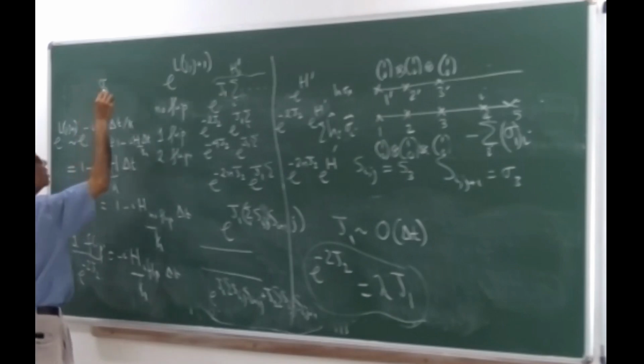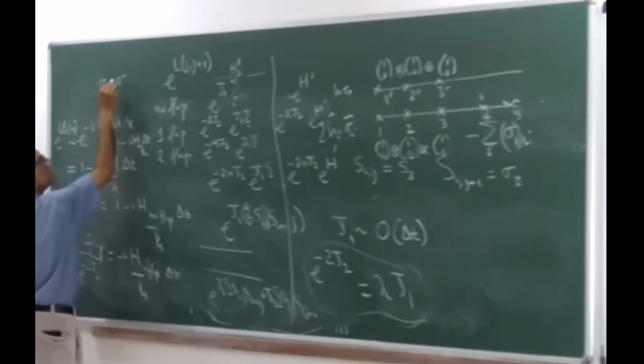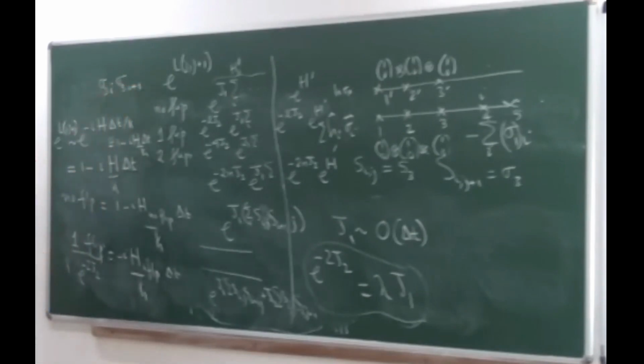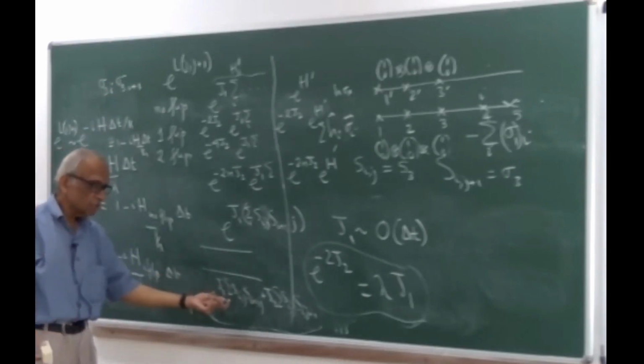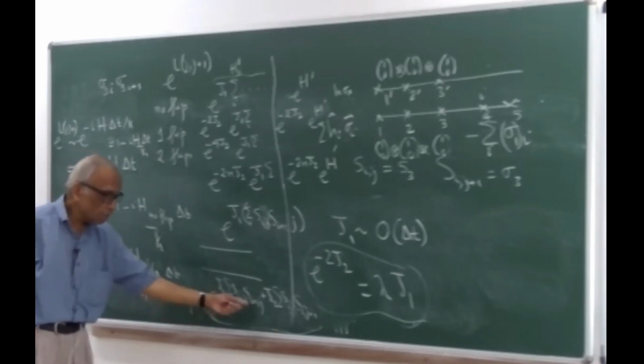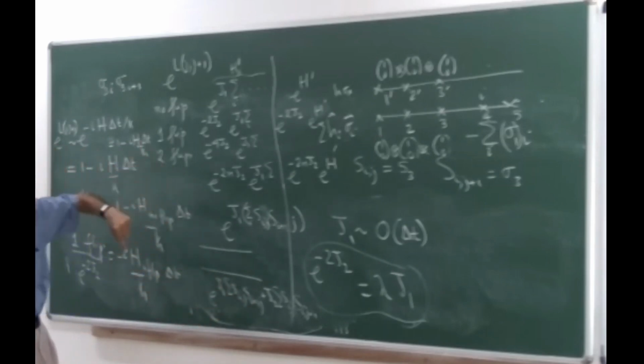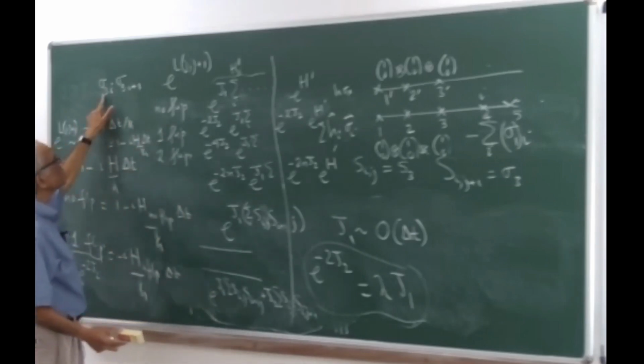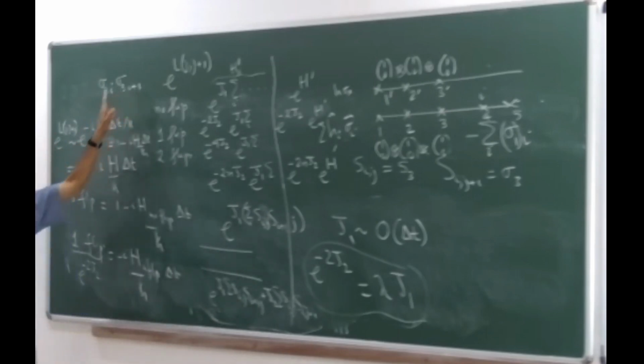I could simply write it as sigma 3 at site i and sigma 3 at site i plus 1. S_i can be up or S_i can be down. Sigma 3 is the matrix whose eigenvalues are up and down. So you can write this part simply as sigma 3 at i times sigma 3 at i plus 1.